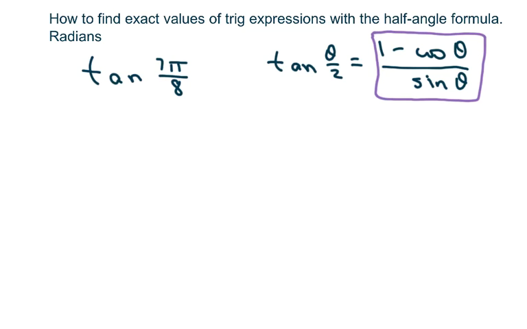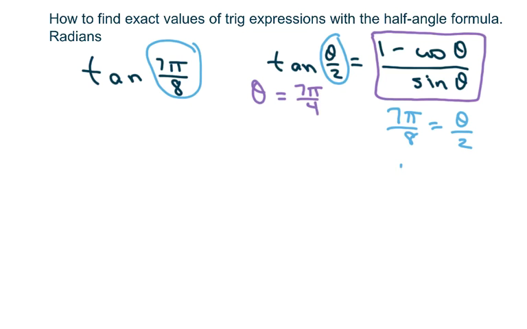And I need to know what my angle theta is. It's going to be 7 pi over 4. And the way you find this after a while is you want this to look like this, so you can use this formula. So just set it to look like that.